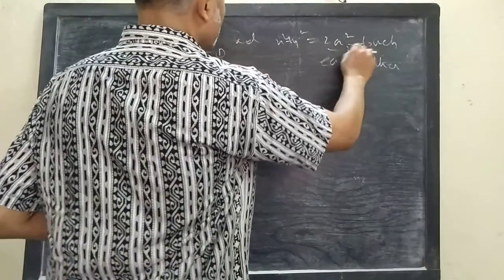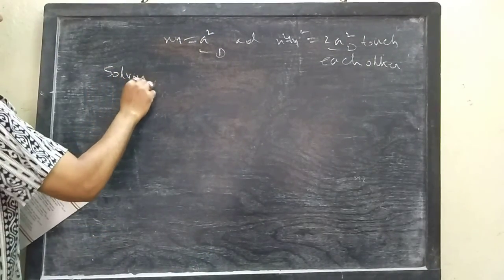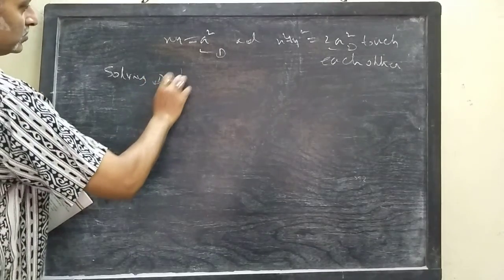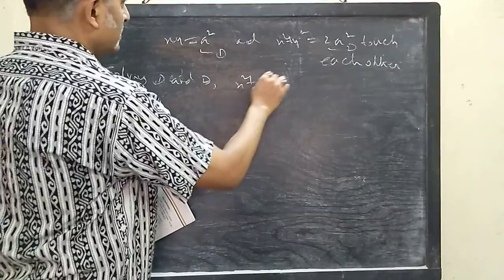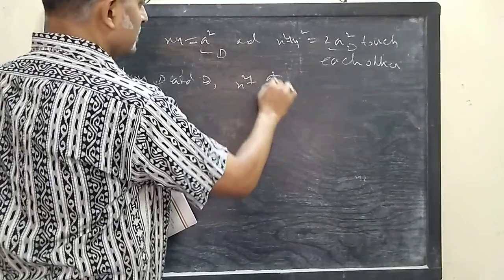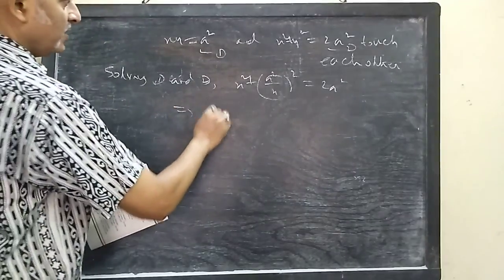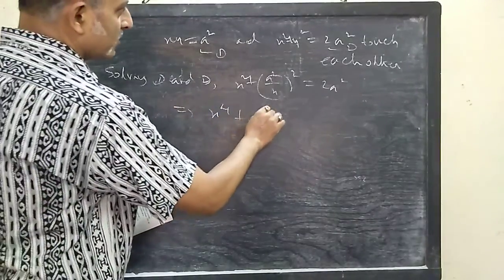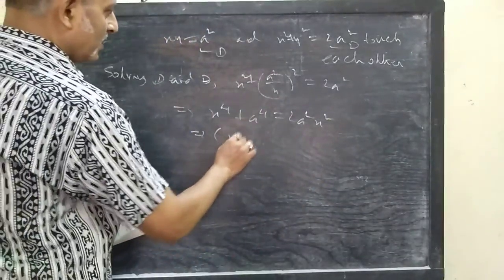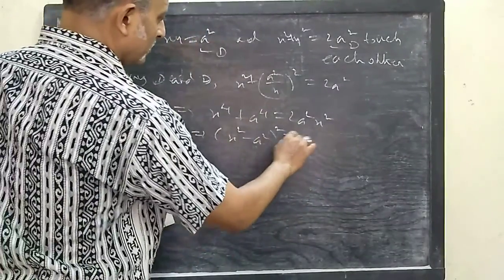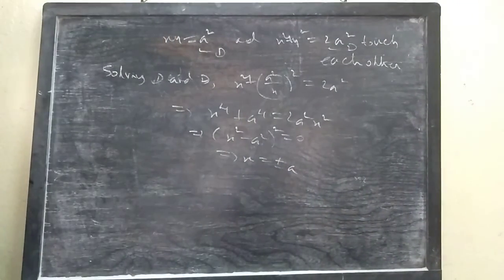This is 1, this is 2. Solving 1 and 2, you get x square plus (a square by x) whole square equals 2a square. That means x to the power 4 plus a to the power 4 equals 2a square x square. That ultimately gives you (x square minus a square) whole square equals 0. That ultimately gives x equals plus minus a.